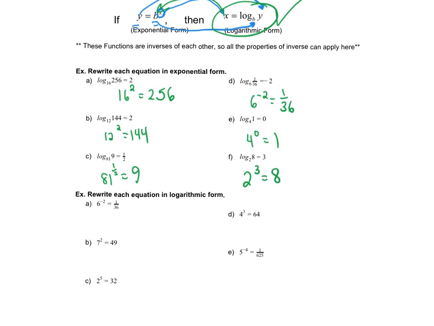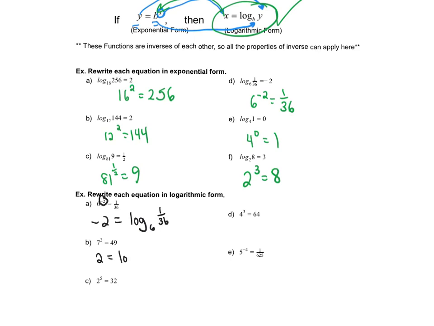If we look down here, we have things in exponential, so we're going to turn them into log. Remember, the whole purpose is to get this exponent by itself. So you can rewrite this as -2 equals log base 6 of 1/36, because the base of the exponential remains the base of the log, and then your input value goes on the other side. Again, the goal is to get the exponent by itself.